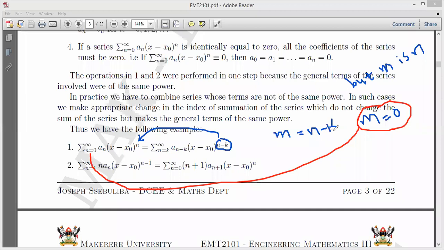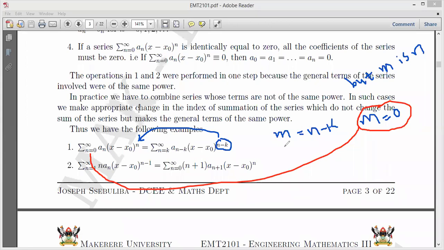If n minus k is m, then this becomes, to the power n, which is m. Remember I've said m is n, so n minus k becomes m, which is actually n here. But now what about this one here? You see here we are saying it becomes n. This is n minus k.